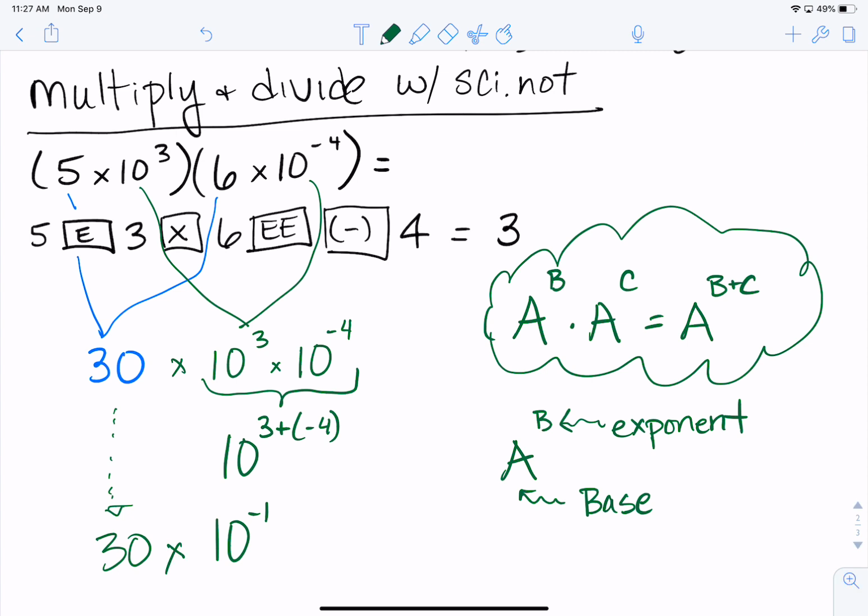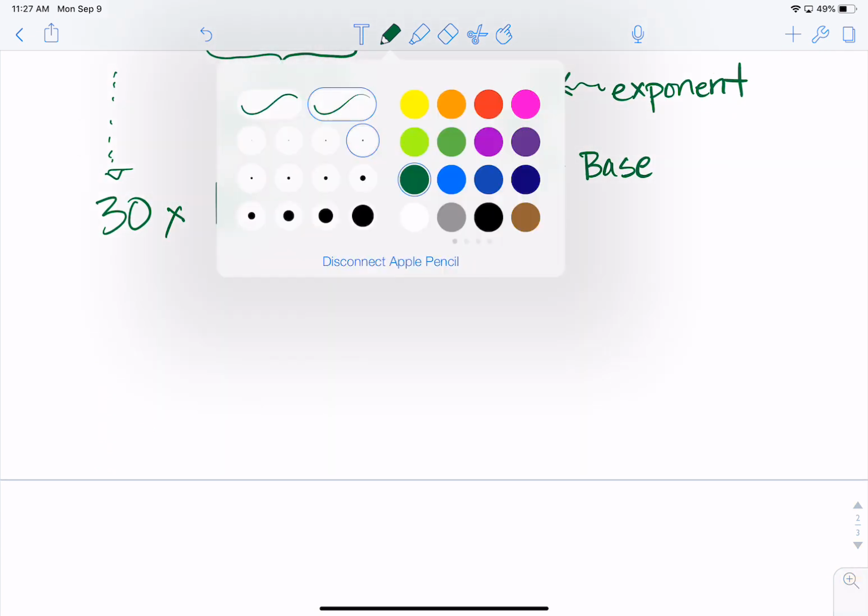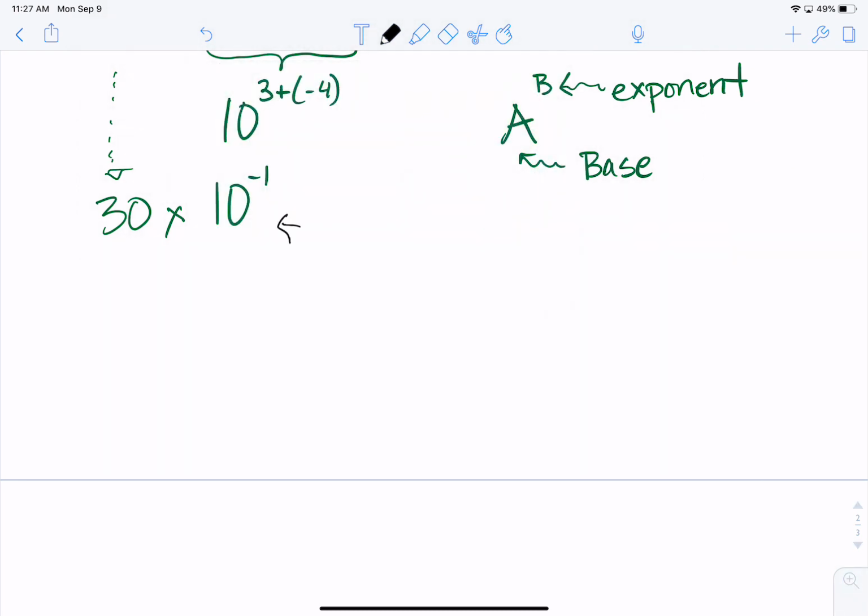And the question is, is this scientific notation? Is it? No. Why? Selma, do you know? Not sure?